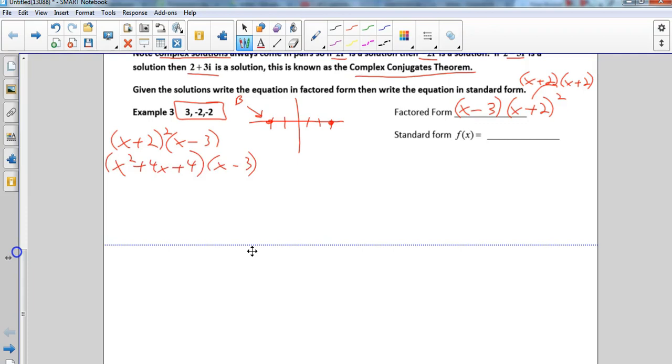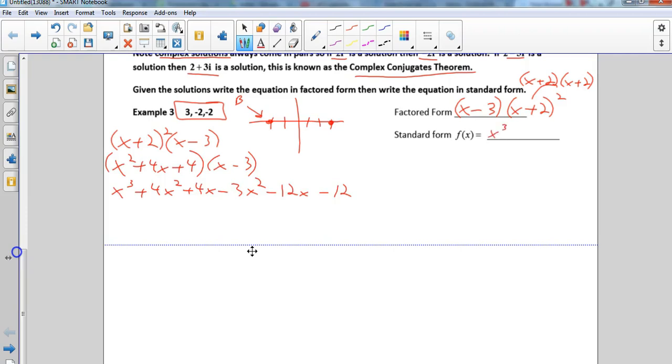And then send in your x cubed, 4x squared, 4x. Send in your negative 3, minus 3x squared, minus 12x, minus 12.